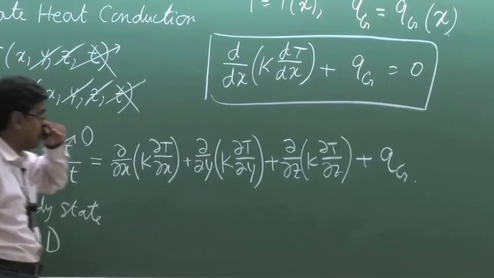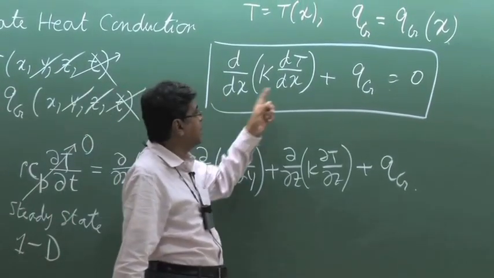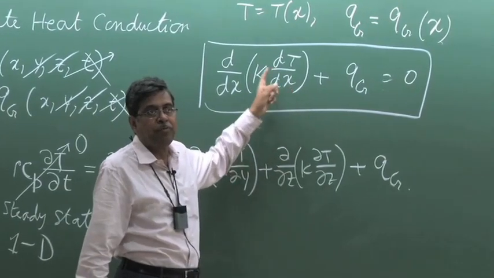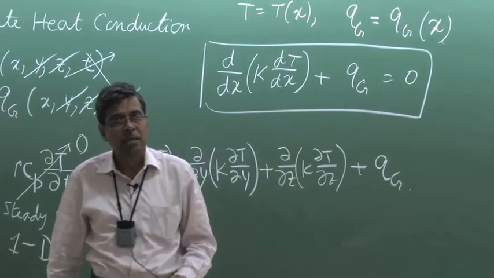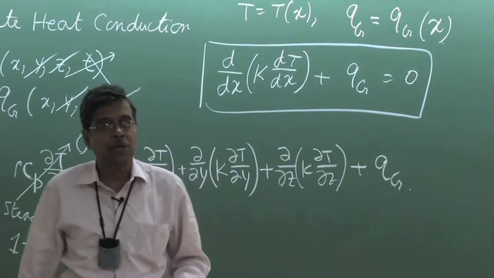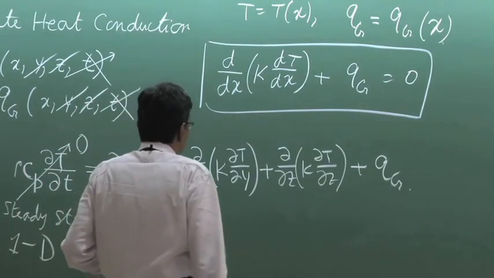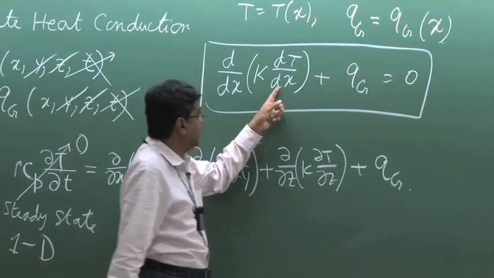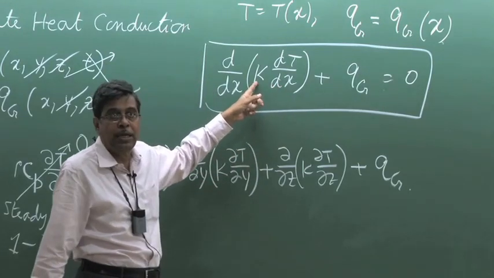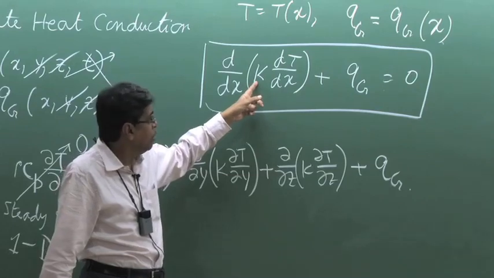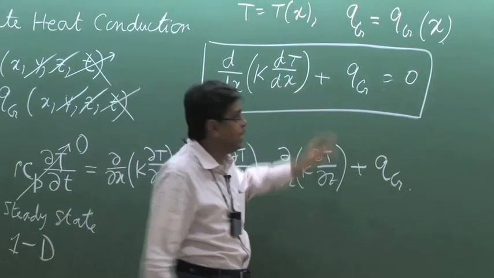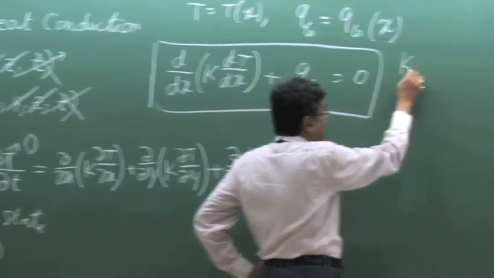And therefore, if we have to find out the temperature distribution in the x direction, then we have to integrate this equation. Now, it is not easy to integrate until and unless we know the variable k. In general, k is a function of temperature.